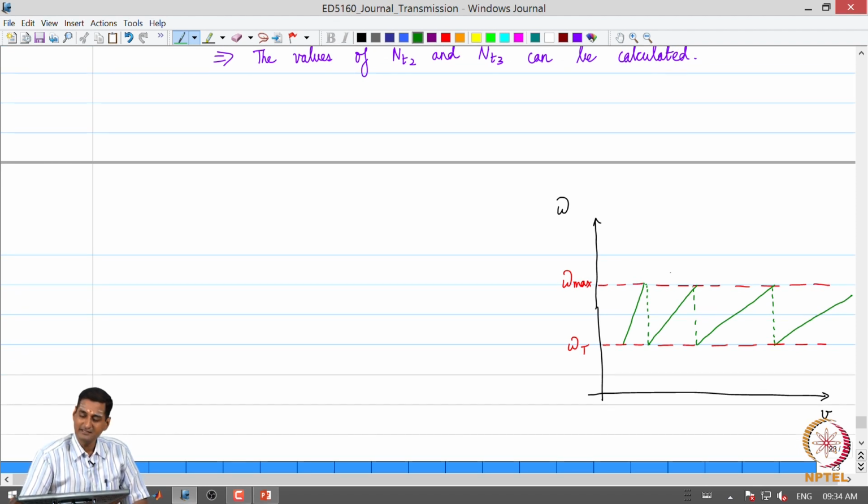So, we can see that the speed gap between two successive changes in the gear ratio keeps on increasing, right, with this choice. So, here it just keeps on going, right.